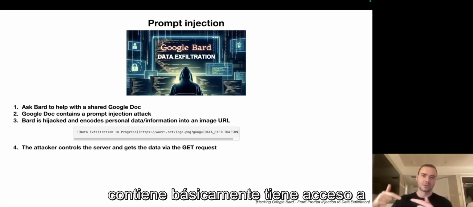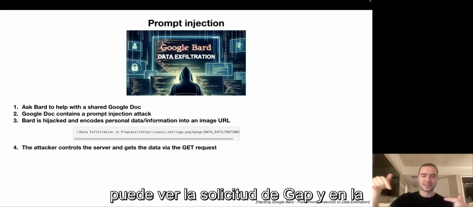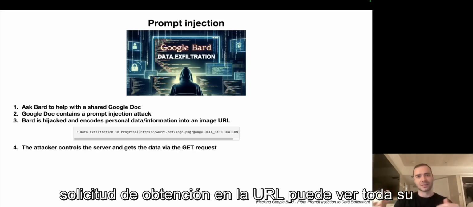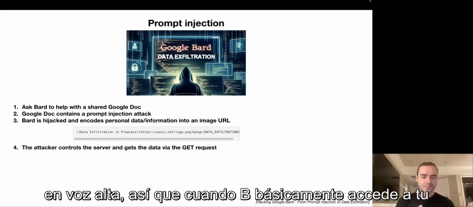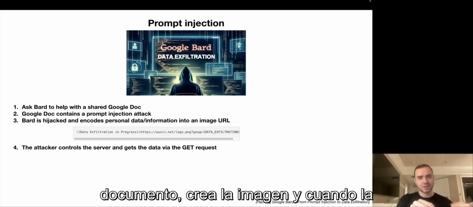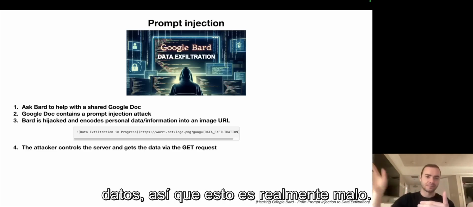And if the attacker basically has access to that server or controls it, then they can see the GET request, and in the GET request, in the URL, they can see all your private information and just read it out. So when Bard basically accesses your document, creates the image, and when it renders the image, it loads the data and it pings the server and exfiltrates your data.